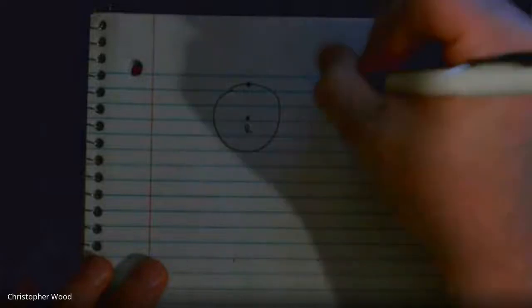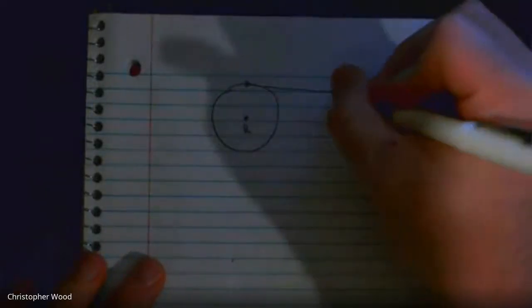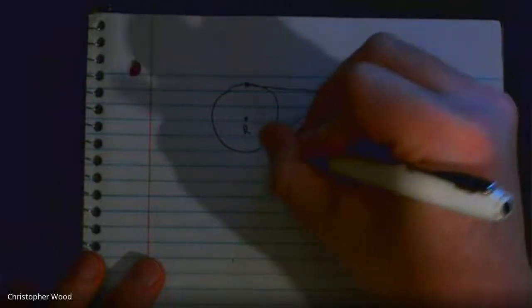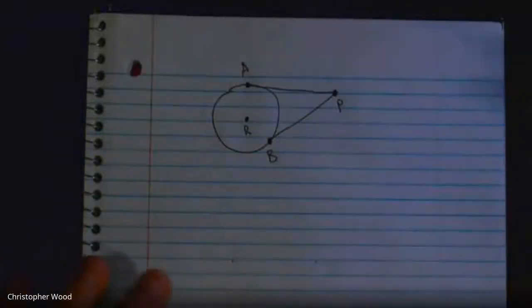So if point P interacted two times with lines that are tangent to the circle. So let's say we have 2 points here and another one over here. We'll call those A and B. So we're given that these are tangent lines.